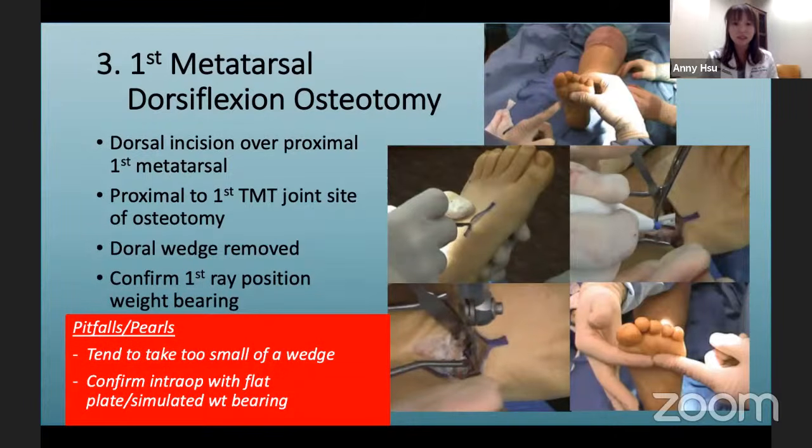Although there's a significant amount of papers written on lateral column shortening, it's also been proven that you are trading in these subtle changes with a significant amount of stiffness for patients. So I try to avoid lateral column shortening if I can, but it is definitely a useful tool if your bony correction is undercorrected.